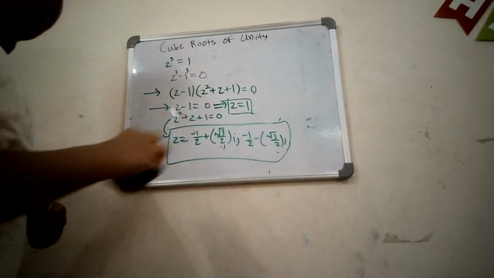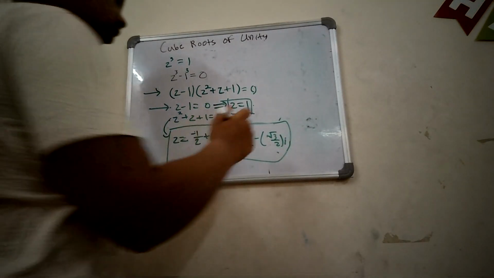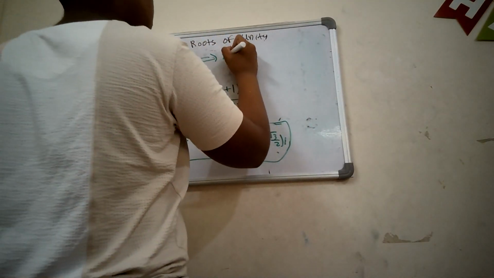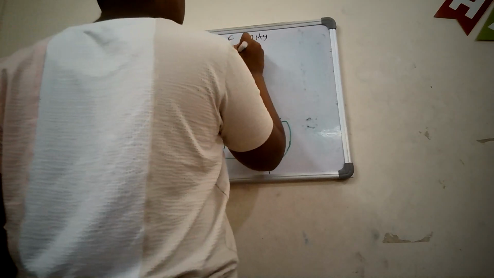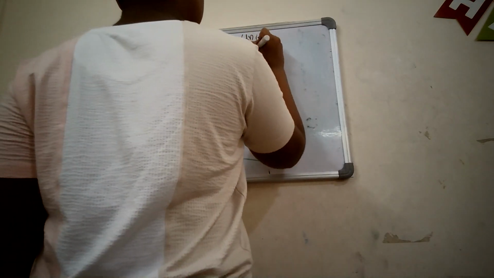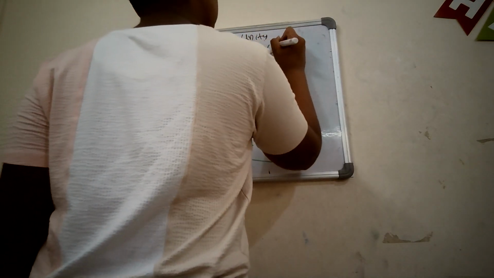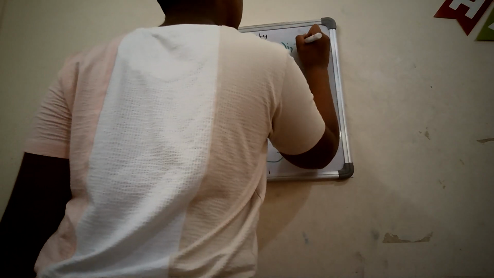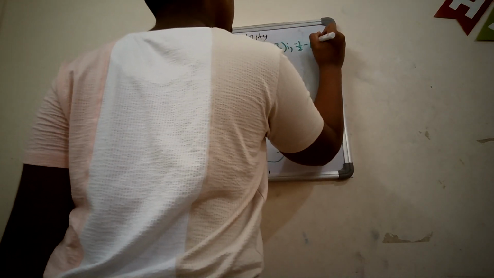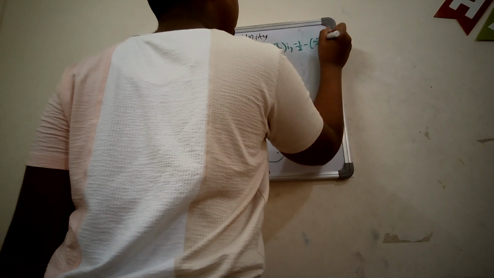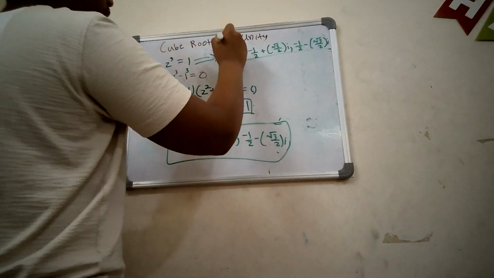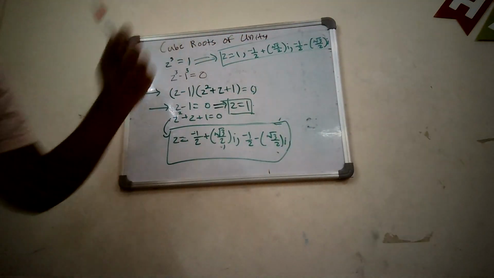So the cube roots are here. z equals 1, negative 1 upon 2 plus the square root of 3 upon 2 i, and negative 1 upon 2 minus the square root of 3 upon 2 i. Here are your 3 roots.